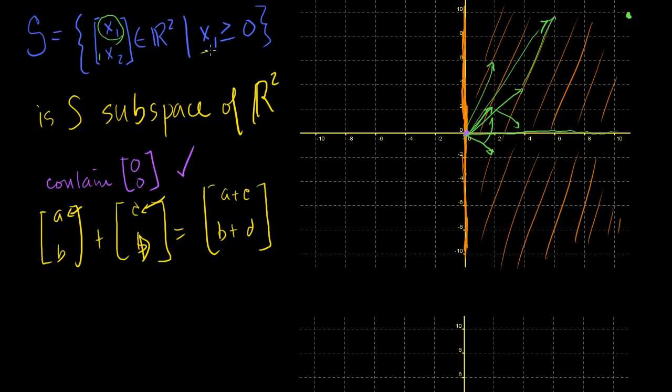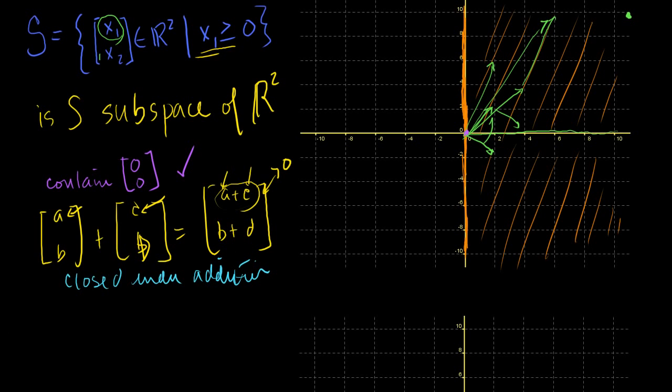That was my requirement for being in the set. So if both of these are greater than or equal to 0 and we add them to each other, this is also going to be greater than or equal to 0. And we don't care what these can be, anything. I didn't put any constraints on the second component of my vector. So it does seem like it is closed under addition. Closed under addition.